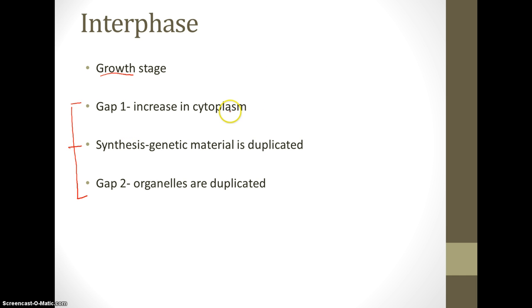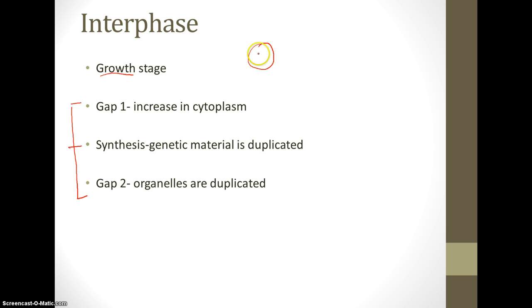So in gap 1, what simply occurs is that the cytoplasm is increased in the cell. So if we have a cell here that is about to be duplicated into 2, it needs twice the amount of cytoplasm so that the second cell is an equal size.